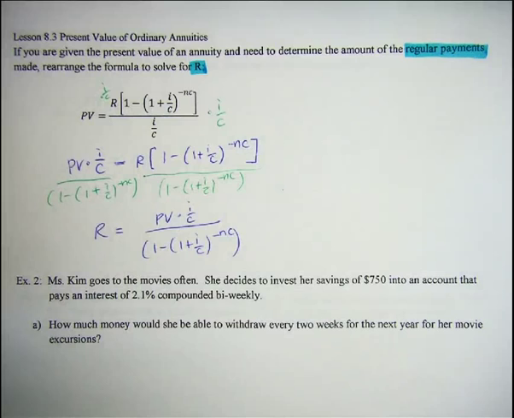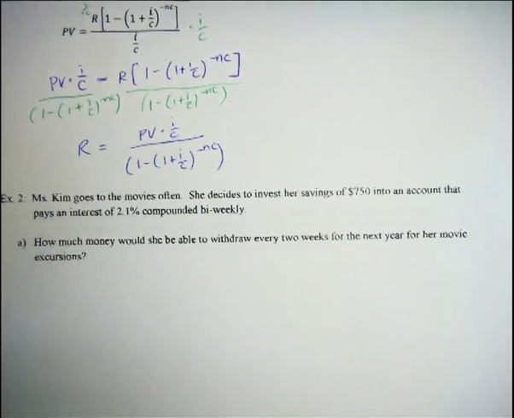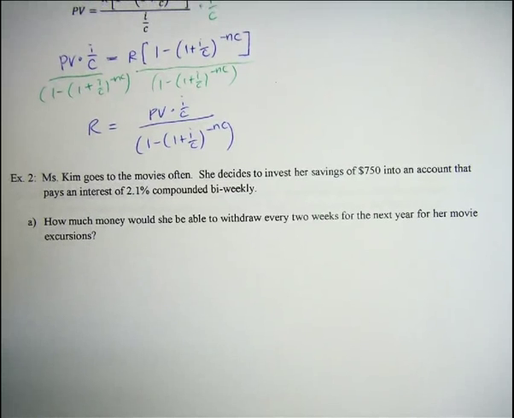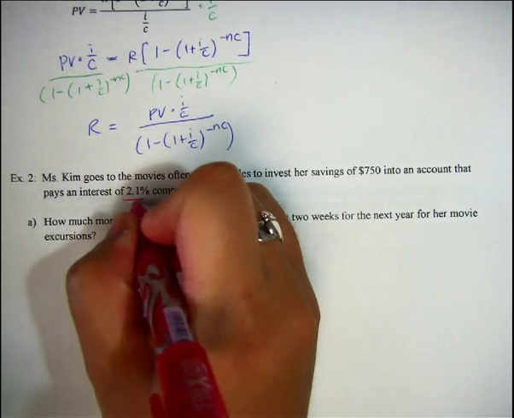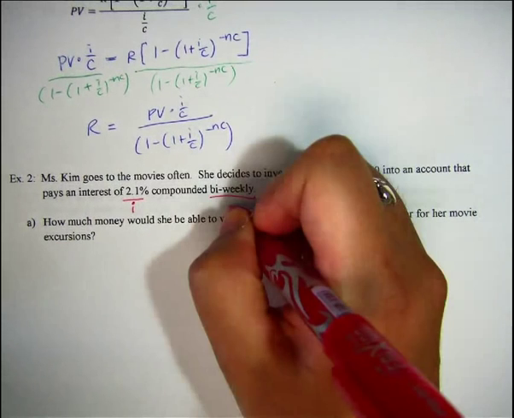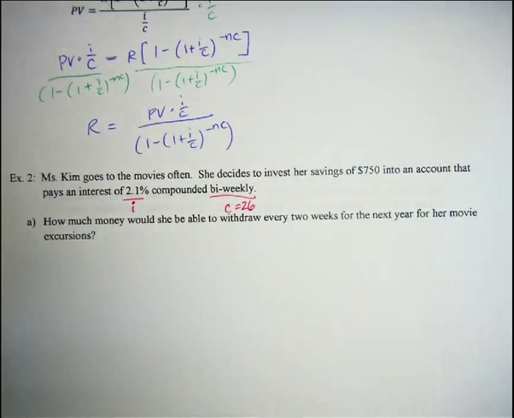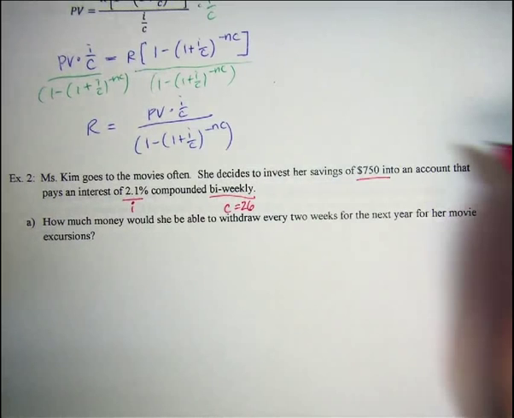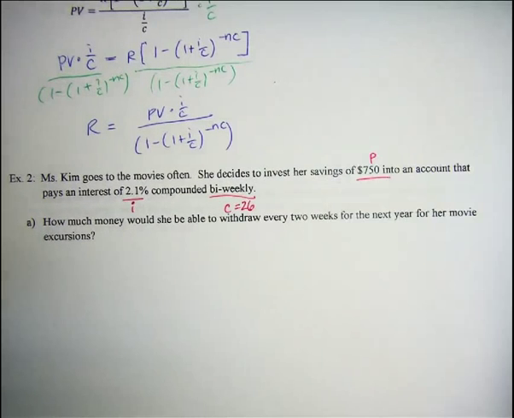Okay. So in the second example, I go to the movies often. True story. I decide to invest my savings of $750 into an account that pays an interest of 2.1% compounded bi-weekly. So here is my I. If I'm compounding bi-weekly, then C is equal to 26. Savings of $750, that would be the PV value.